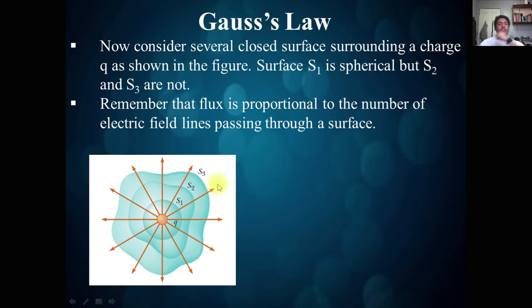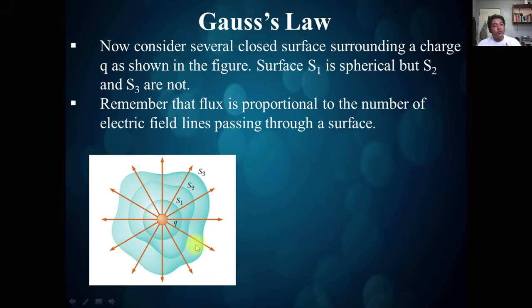So my question is, is the flux in surface 1, which is a sphere, the same as the flux in surface 2 and surface 3? Do they have the same flux?